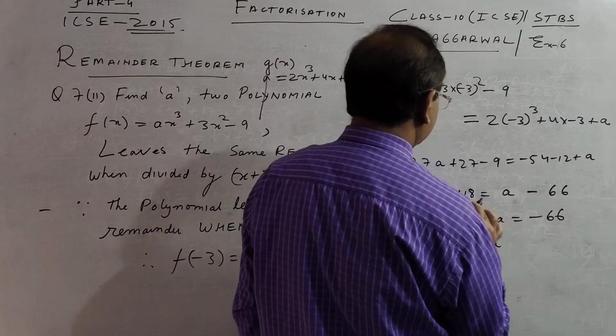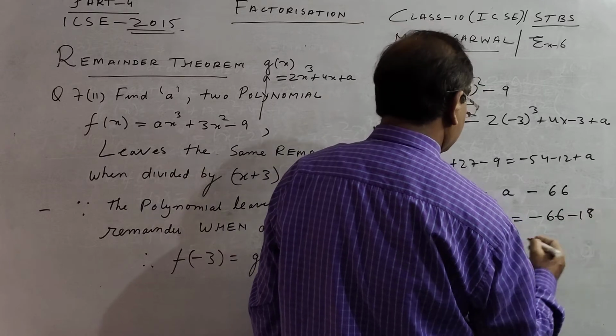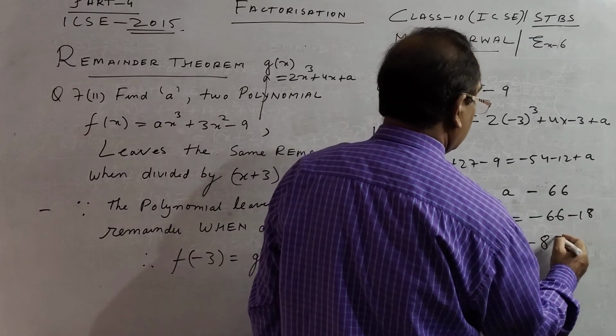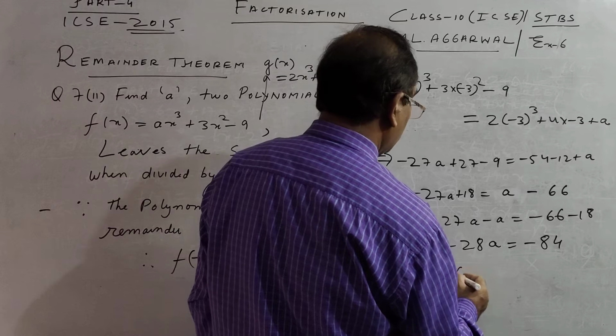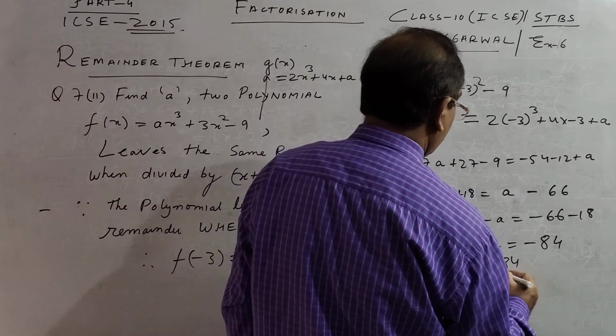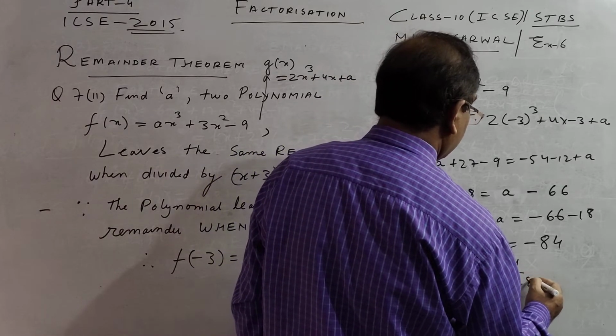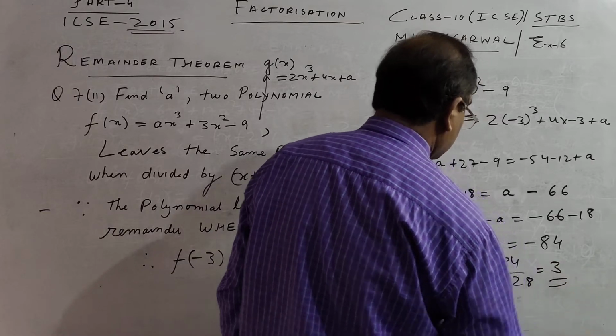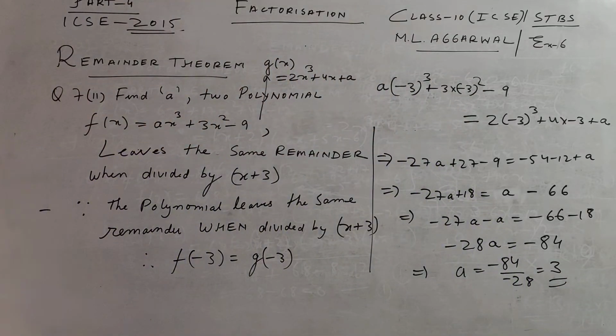This is minus 66 plus 18, will become minus 84. So a is minus 84 by minus 28, so we get 3. Check once more whether we have substituted and done the transposing properly. So you see we get minus 28a is equal to minus 84, and when you divide you get 3.